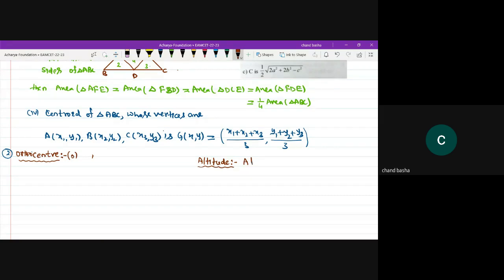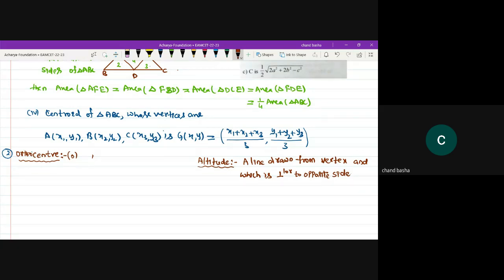Generally, taking the triangle ABC, the opposite side is BC, that means vertex to opposite side.